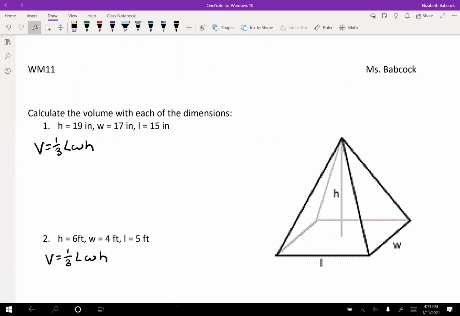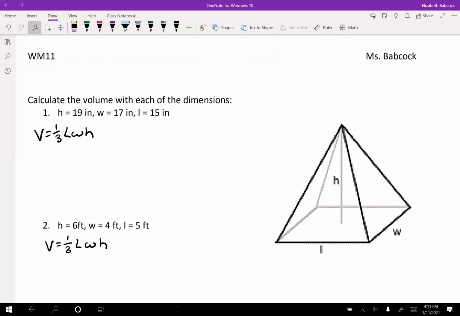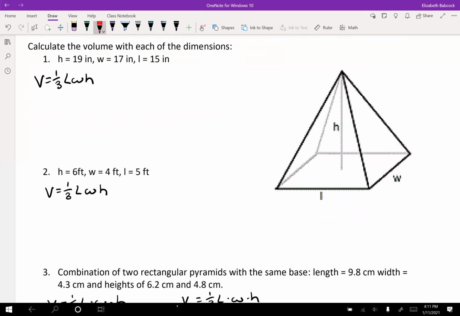Now with these ones, we are just given the simple measurements for the pyramid and for the base. And then we just have to calculate out the volume for each of them. So we note first to make sure our units are the same. We got inches, inches, inches, that's okay. So then we plug in what we have, and you end up with a volume of 1,615 inches cubed.